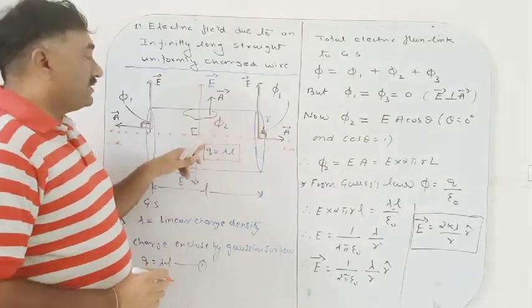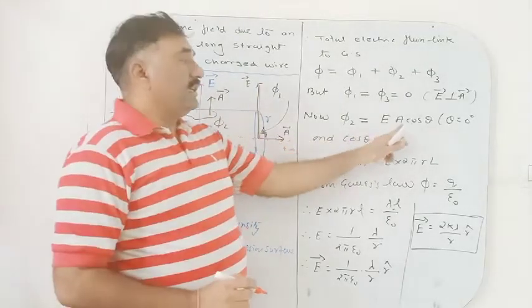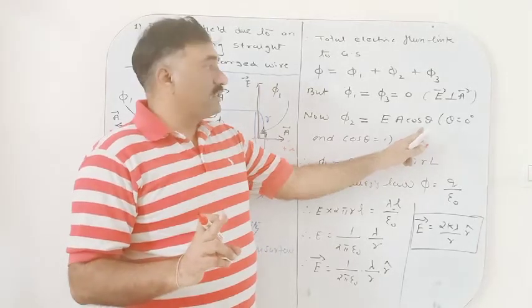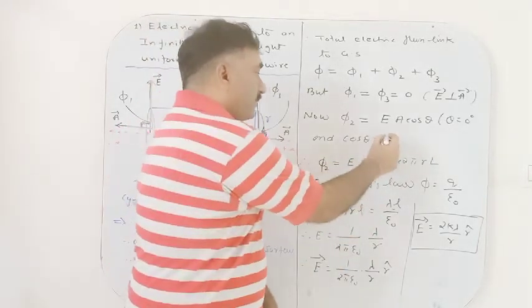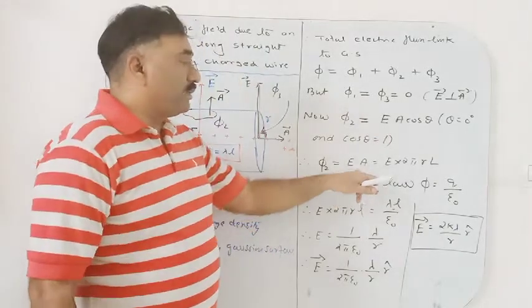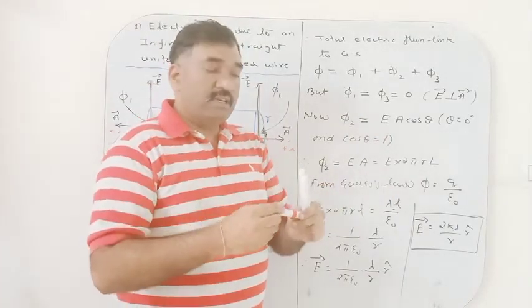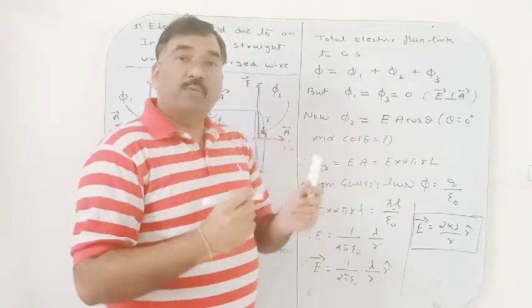For the second surface, phi 2 is EA cos 0, because the area vector and electric field are parallel to each other, cos theta is 1. So the flux phi 2 is equal to EA. And what is A? The area of the curved surface, 2 pi RL.